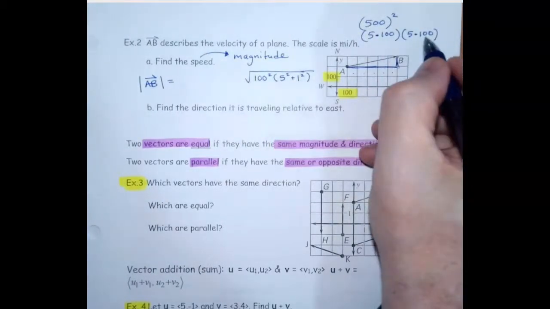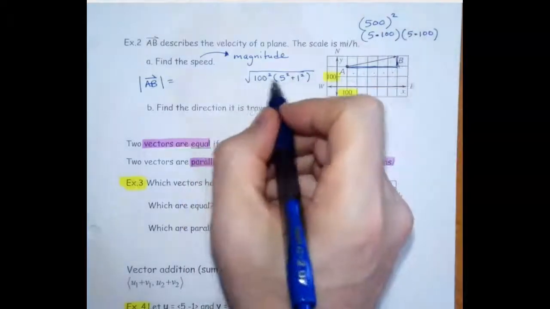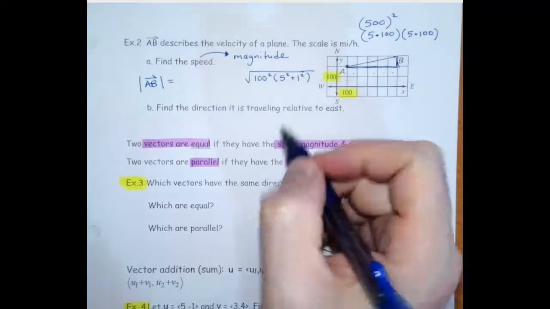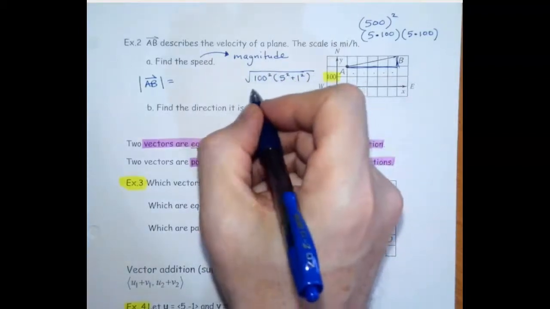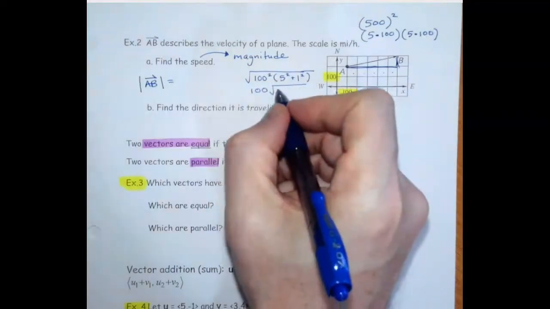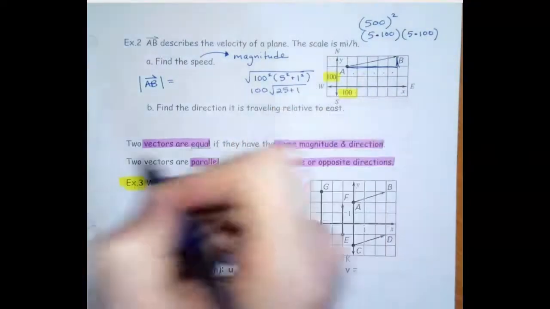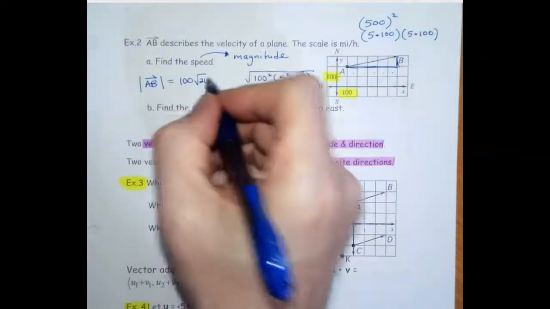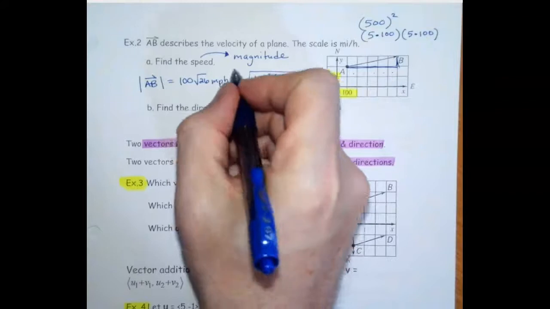And now that's 100 squared, and that's 5 squared, so that's where that comes from. We could do the same thing with 100. Okay, so the square root of 100 squared is 100. Now this is 25 plus 1, so that's not really going to reduce for us. So it's 100 times the square root of 26 miles per hour.